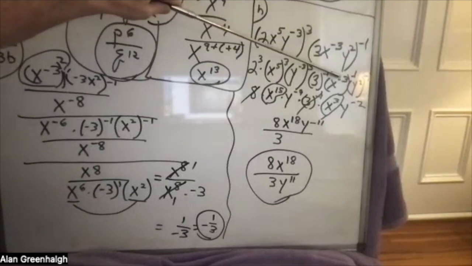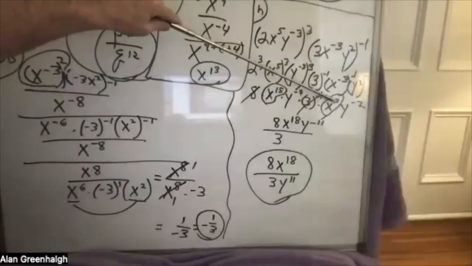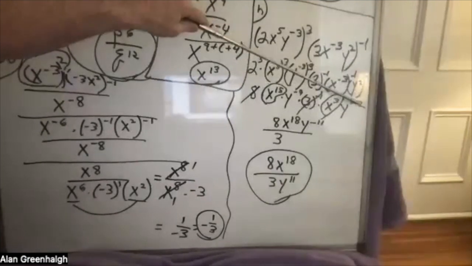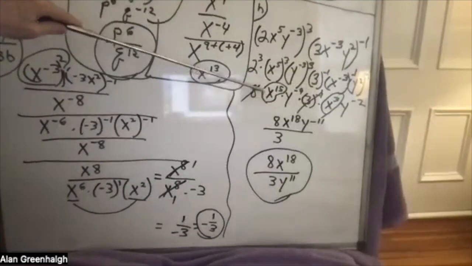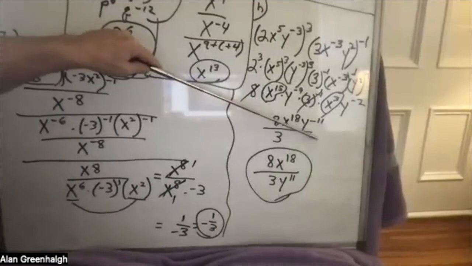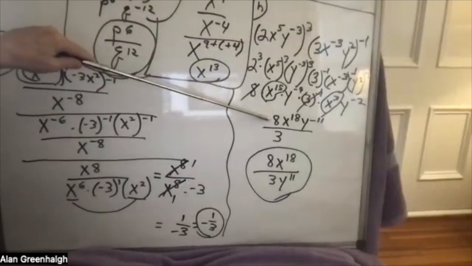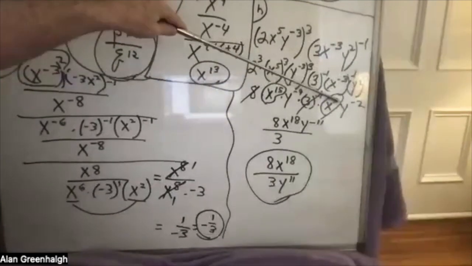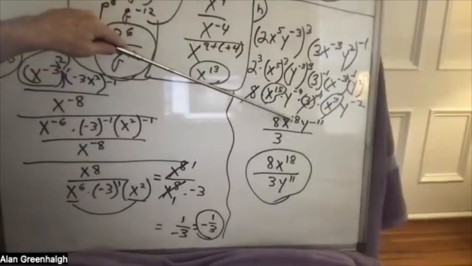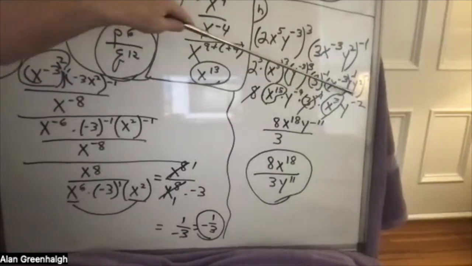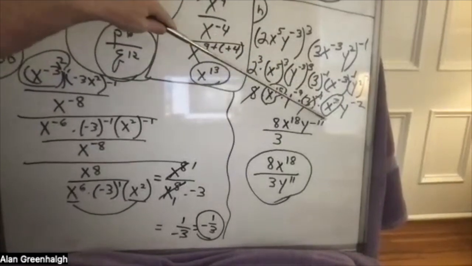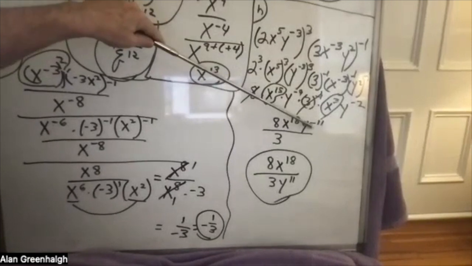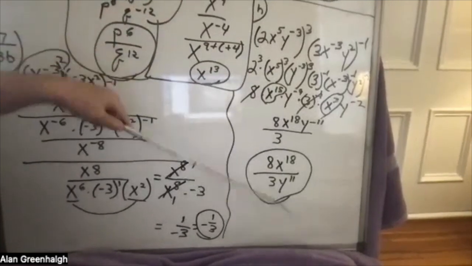The two negatives make that positive, and then negative 2. Then I drew the fraction line, put the 8 on top, the 3 on the bottom. 15 plus 3, they're both positive, so that's just 18. And then negative 9, negative 2 is negative 11. But then the negative puts the y in the denominator. I feel good.